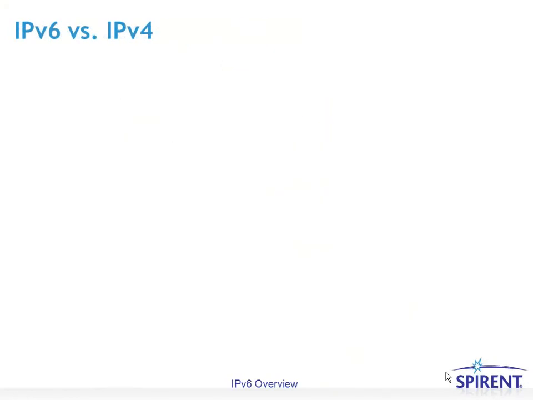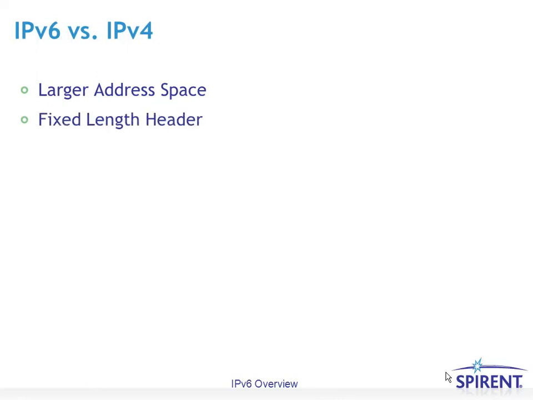So another slide that I'll just build some bullets out as we go along, just making the final comparison of IPv6 versus IPv4. IPv6 obviously has a much larger address space than IPv4. As we'll talk about when we examine the IPv6 header in detail, it has a fixed header length as opposed to IPv4's variable header length, which made processing IPv4 packets by especially intermediate devices, routers, a lot more difficult.